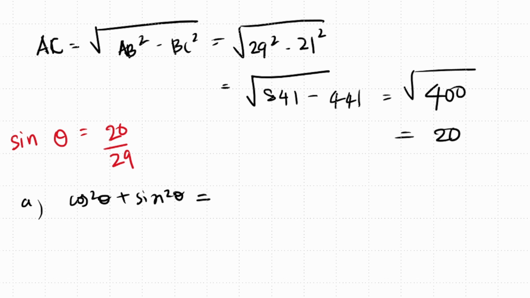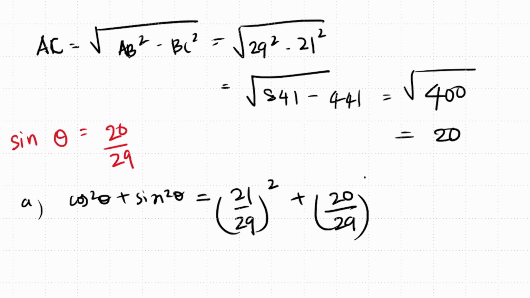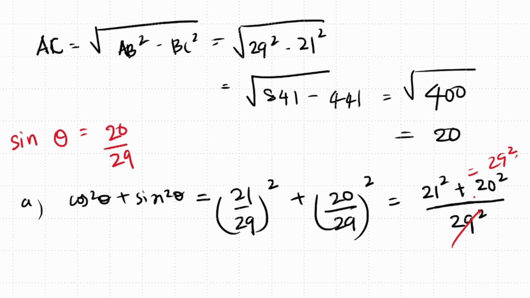For that, cos we have found out already, that is 21 by 29 whole square, plus 20 by 29 whole square. That is 21 square plus 20 square divided by 29 square. This equals 29 square over 29 square. So here 29, here 29 cancel out, and we'll get the answer as 1.